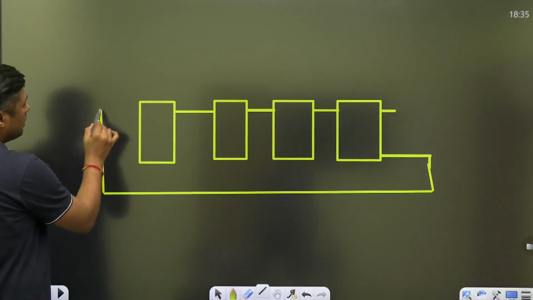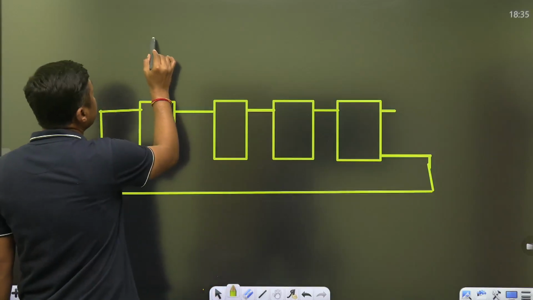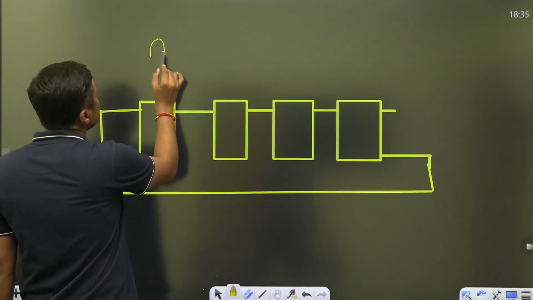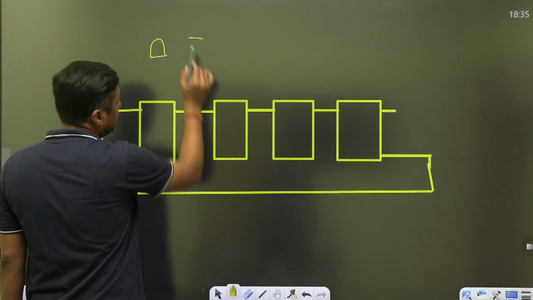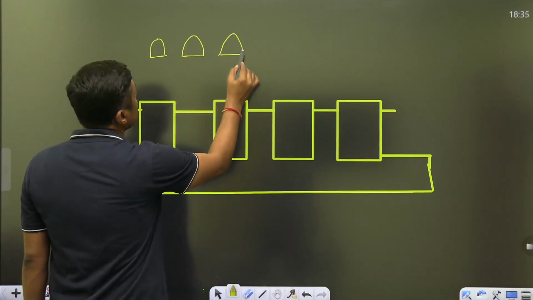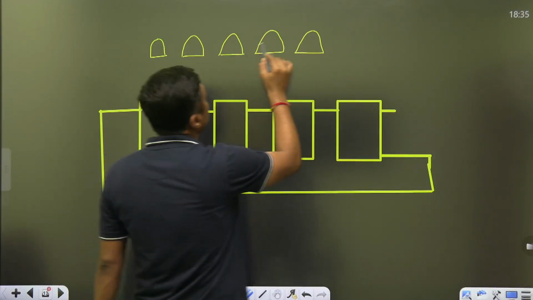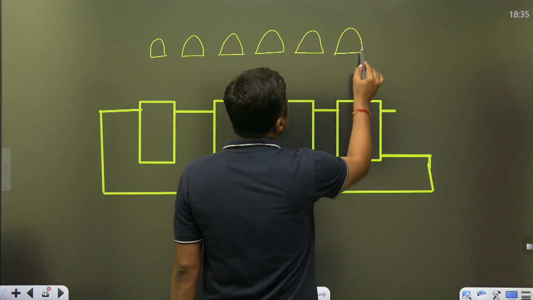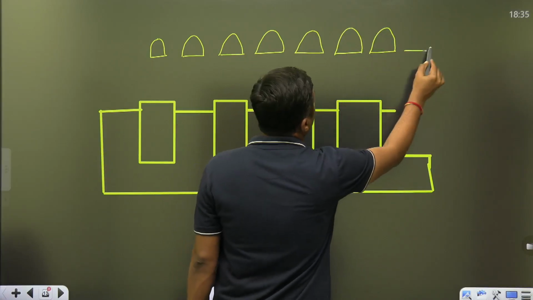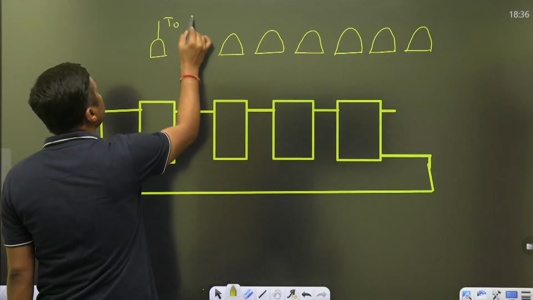I am not giving you the clock pulse, just a simple diagram. Here we have to use 8 AND gates. One, two, three, 4, 5, 6, 7 and 8 AND gates.